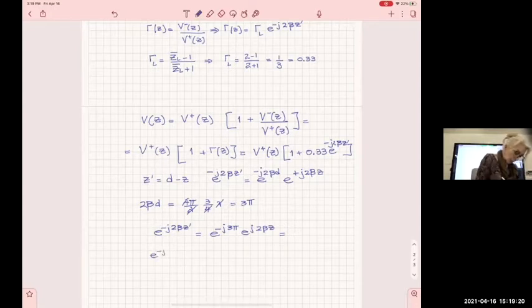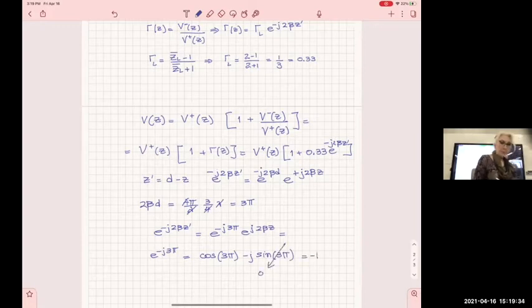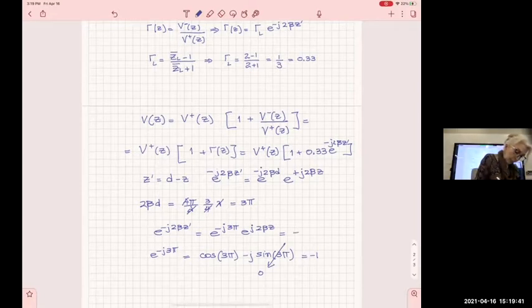E to the minus j 3 pi is cosine of 3 pi minus j sine of 3 pi. This is 0, and that is minus 1. Okay? So this one here gives me minus e to the j 2 beta z. And that is an important relationship.